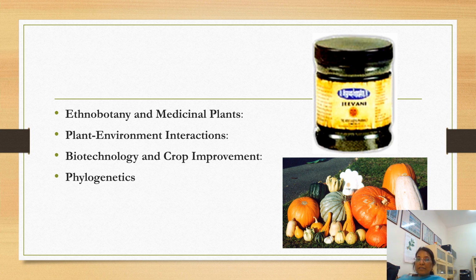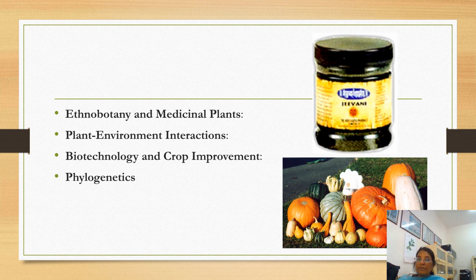Also, the research on documentation from the folk healers or the local communities, which is known as ethnobotany, has also developed and led us to many of the bioprospecting examples. One of the examples that you are seeing here is a Kani tribe used plant and the product that is Jeevani.